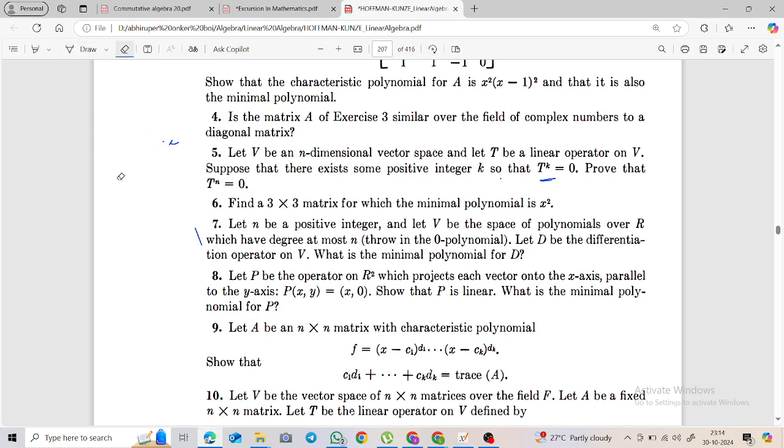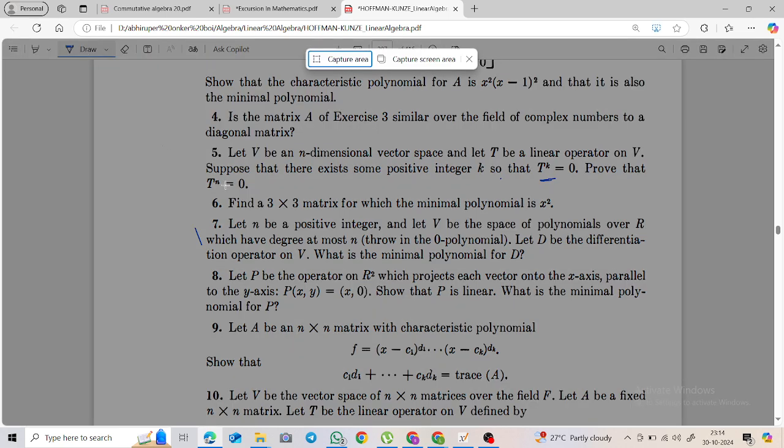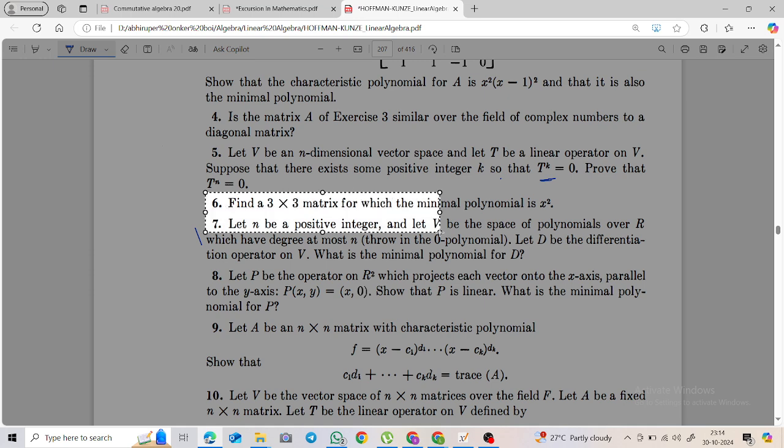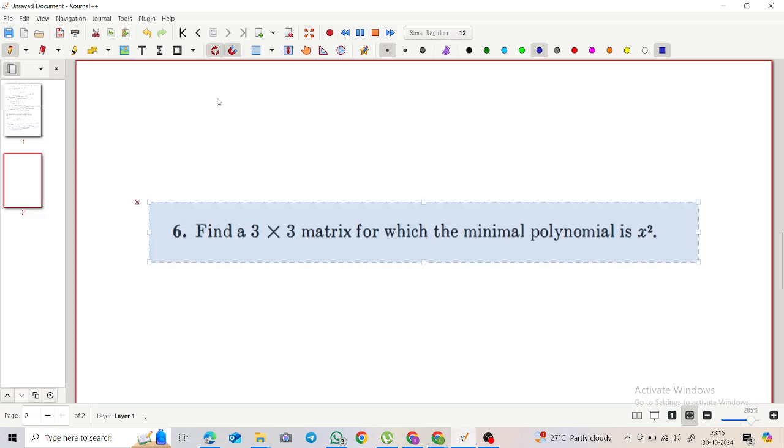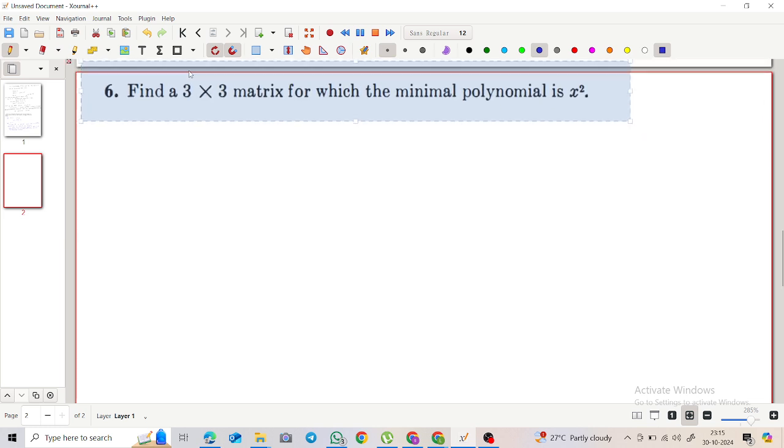Find a 3 cross 3 matrix whose minimal polynomial is x square. How to do it? So first, t square is 0. Okay. This implies t is nilpotent, right?